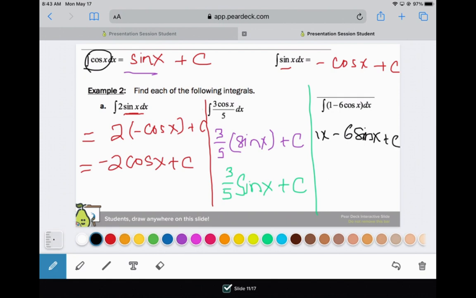Okay, the 1 turned into 1x because remember when you took the derivative of 1x, the slope is 1. Now we're going backward. We just add the x to it. So if you just have a constant, just add the x to it. If you just have 5, the antiderivative is going to be 5x. If you just have negative 9, the antiderivative is going to be negative 9x. So just add the x to it, and that should work.